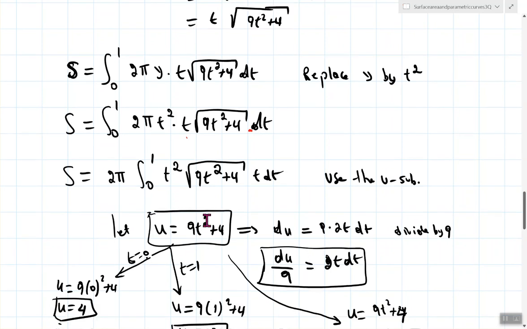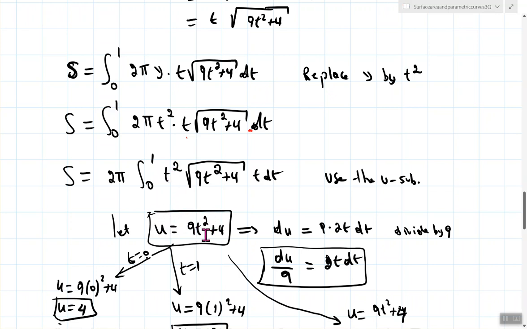But this t squared is still there. 9t squared plus 4 is u, and 2t dt is du over 9, but this t squared is still remaining. How do we solve it? We can get t squared from here.